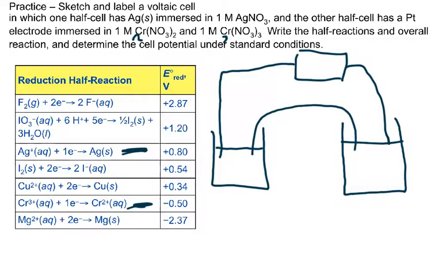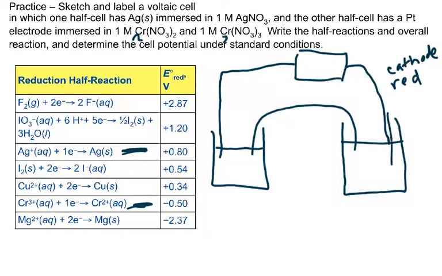So my silver is going to be as written. That will be my reduction reaction. And typically we write the reduction reaction on the right-hand side, for my cathode, is my reduction.